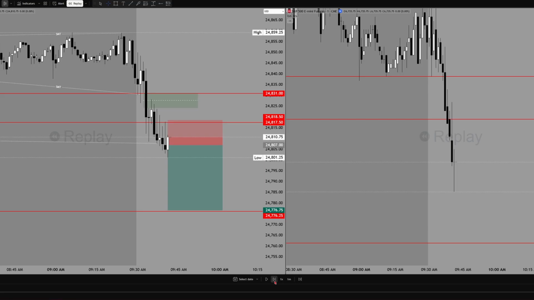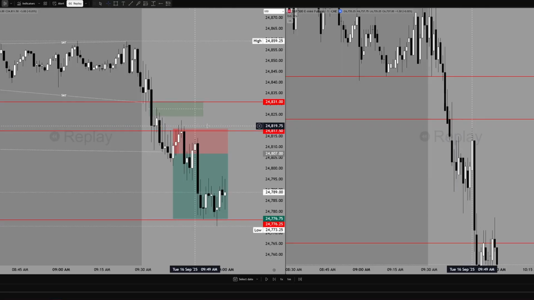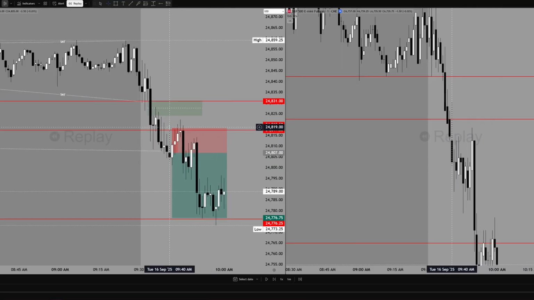Okay, might lose this trade. If it doesn't displace lower, I lose. Okay, I lost. Let me see what happens. Okay, so clearly I should put stop loss higher because 11 points is just too low. I probably should have placed it on this displacement candle, to be honest.